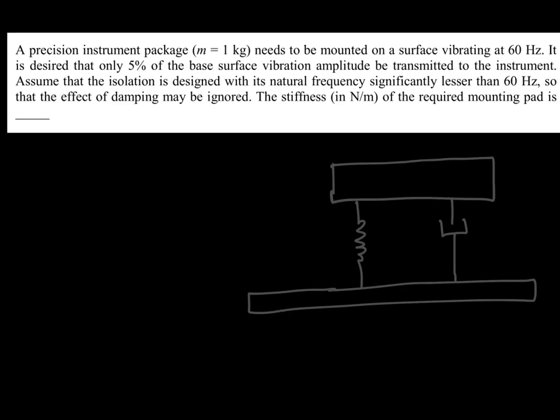So this is vibrating at a frequency of 60 hertz. Then what else is given? Another detail is that this is our instrument, and the instrument is of mass 1 kg. Moreover, this is the surface that we are talking about.